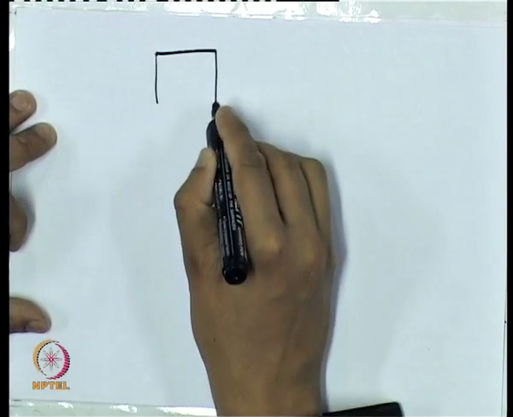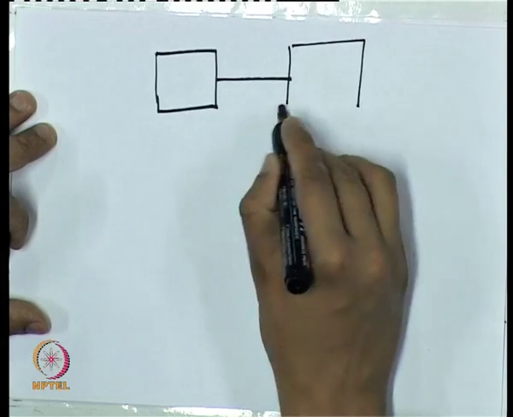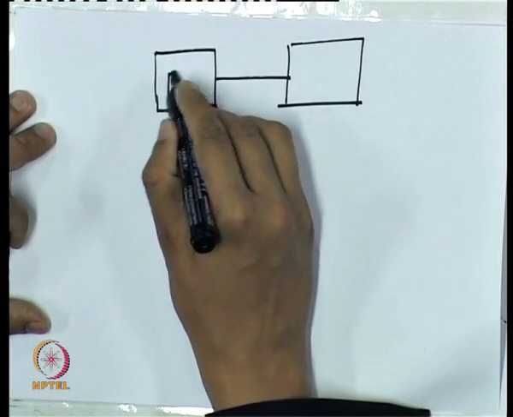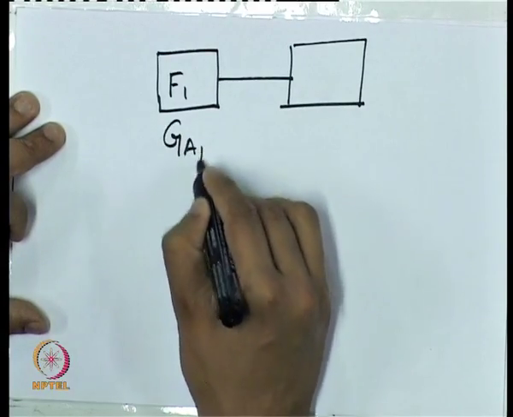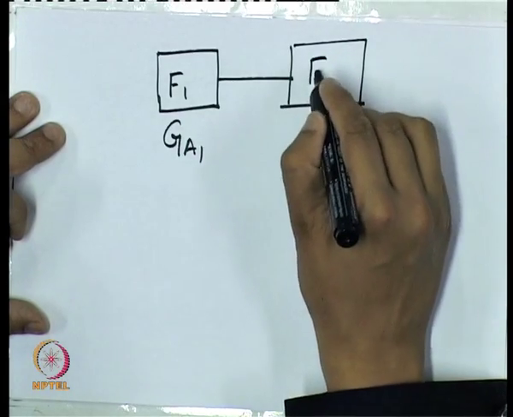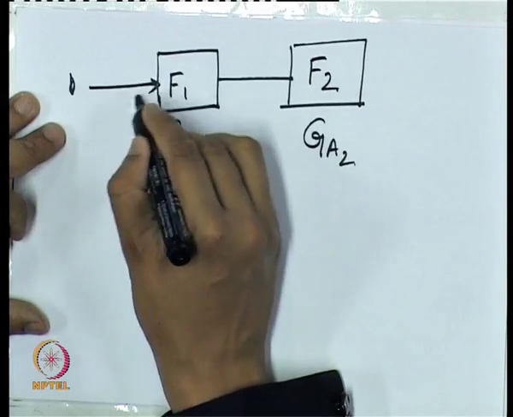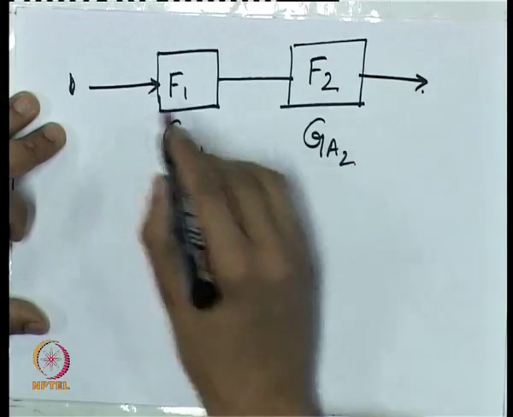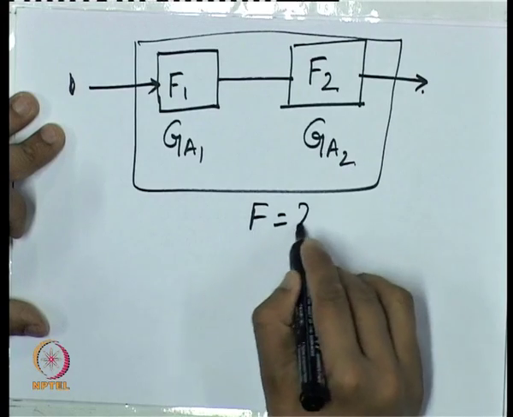Now one other property of noise figure is if we have a cascade of networks, say two networks. Say this has noise figure value F1 and available gain value GA1, and this has available gain value GA2 and noise figure F2. Then what will be the overall noise figure of this system?